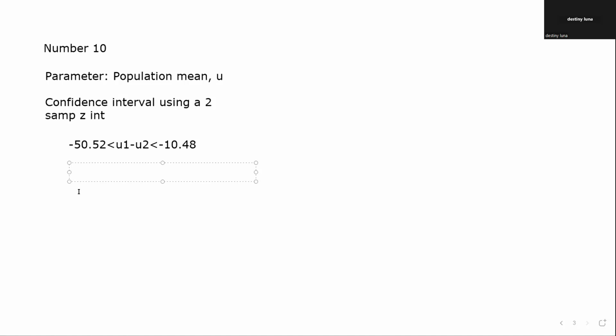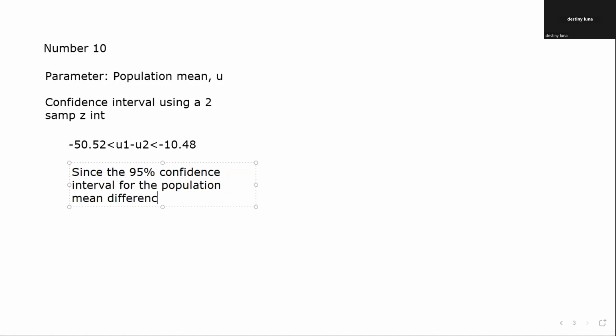So here we can say, since the 95% confidence interval for the mean difference, if you want, you can add population mean difference, does not contain 0.